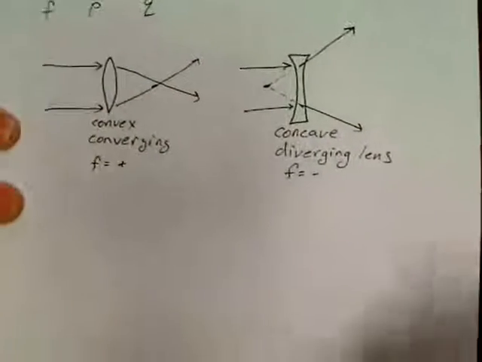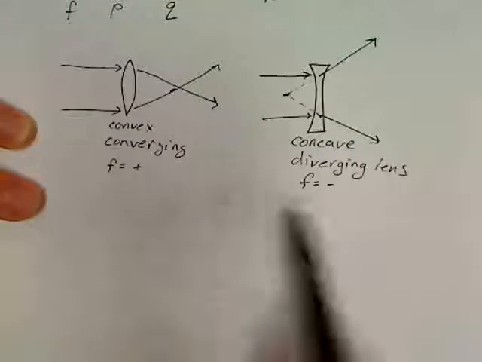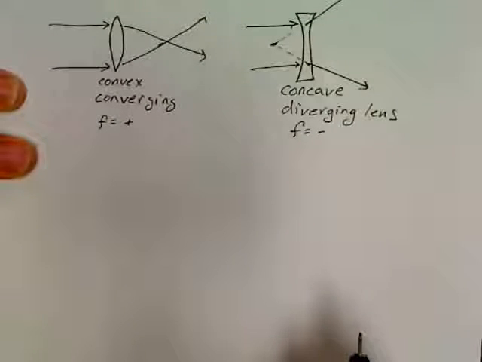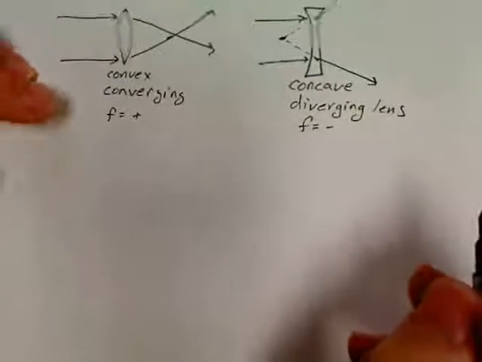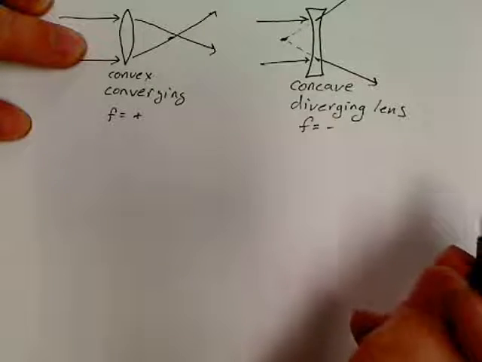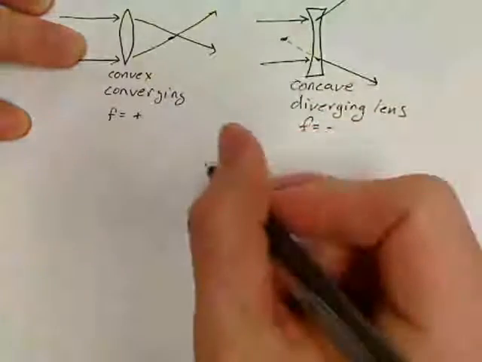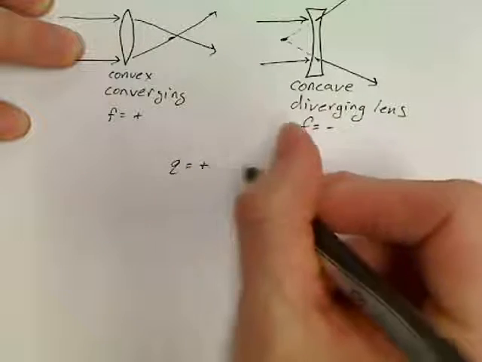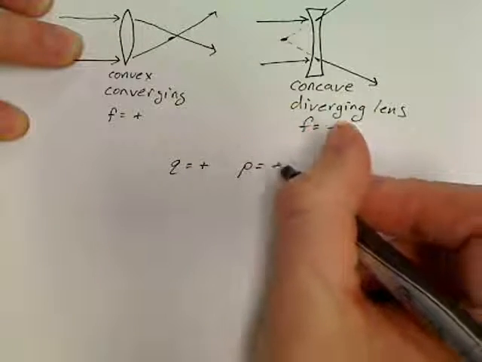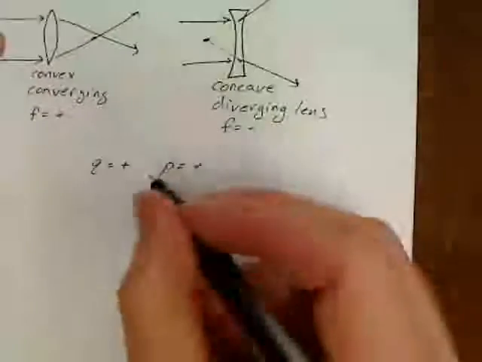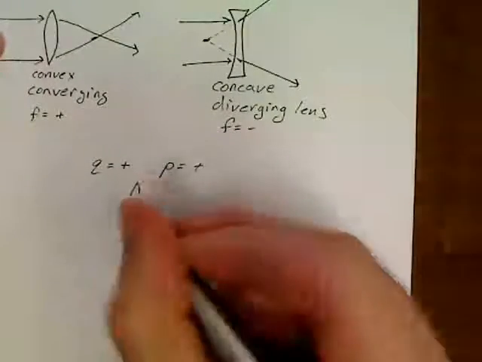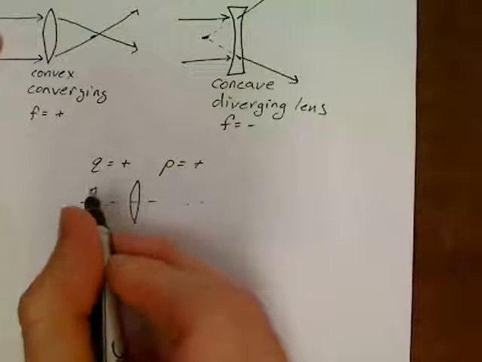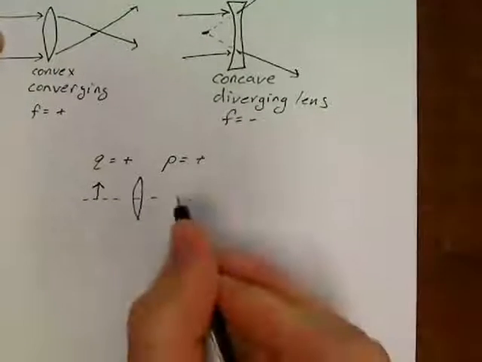We've talked about that. Now, if you're talking about a mirror, it's reversed. The only thing you need to remember is this: if you're working a problem and your Q ends up positive and your P is also positive, what you've got are images that are formed on opposite sides from each other.